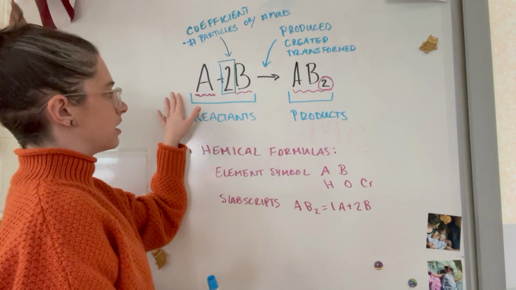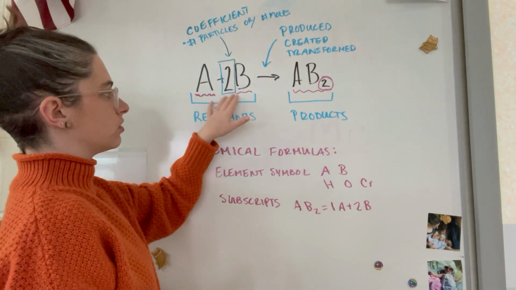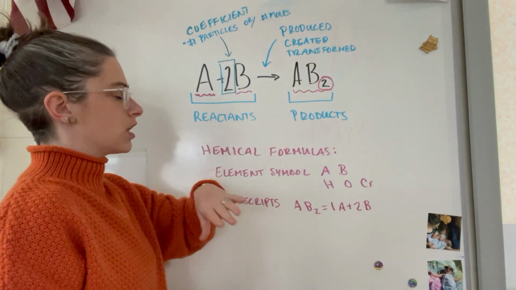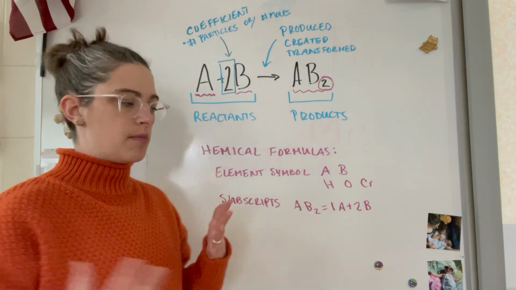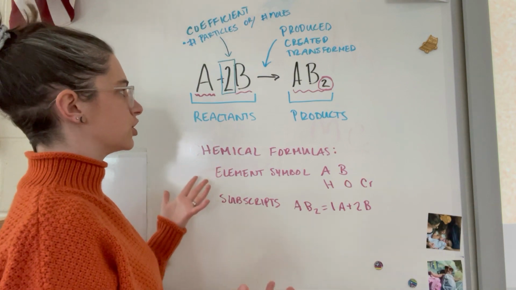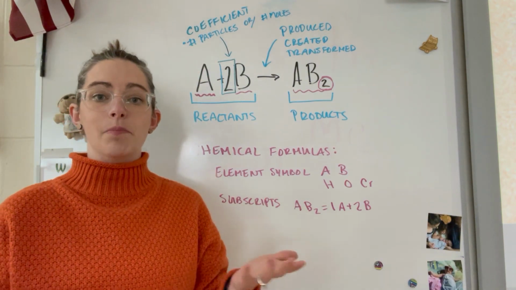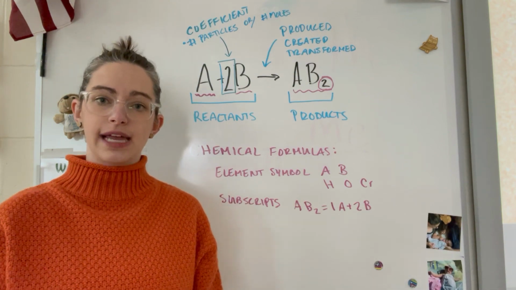So this tells us that we have 1 particle of element A reacting with 2 particles of element B to make 1 particle of AB2. We could also substitute in moles if we wanted to think on a much bigger scale. When we write chemical reaction equations, we can change these coefficients to make what we call balanced chemical reaction equations, and that's something that we're going to get to later.